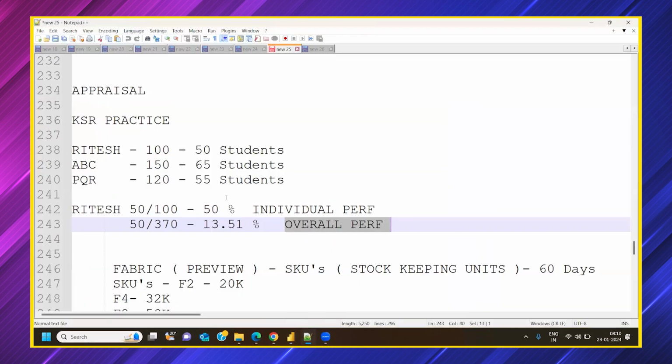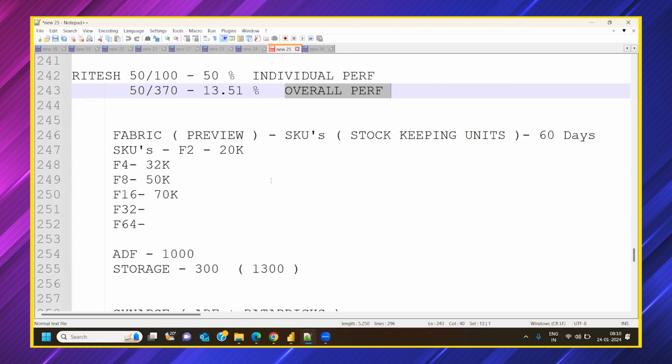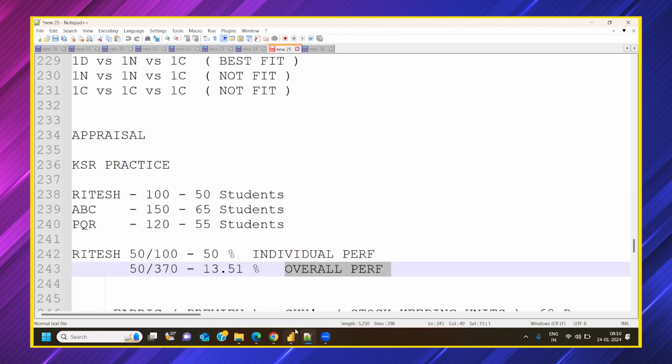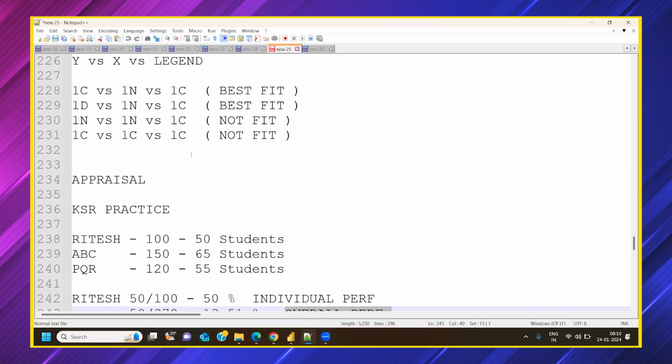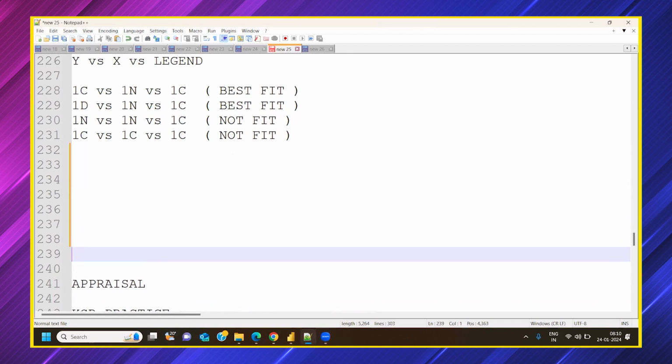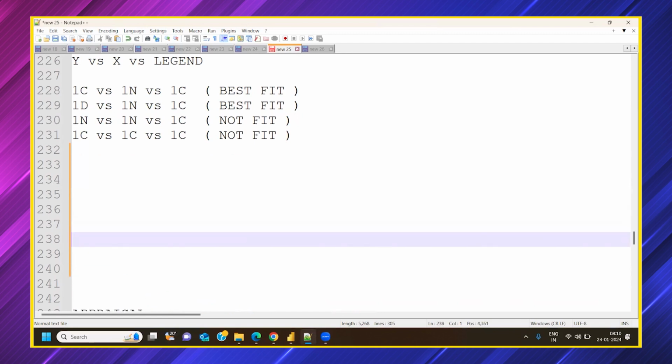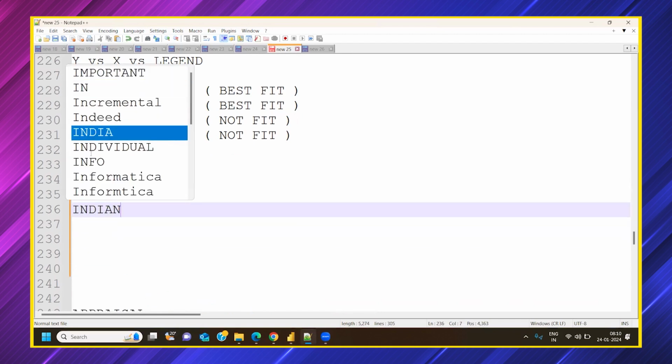Now, coming back to performance level analysis, that was just an example. Let's take some more examples of how and where to use the 100% stacked bar or column chart, using our Indian cricket team.